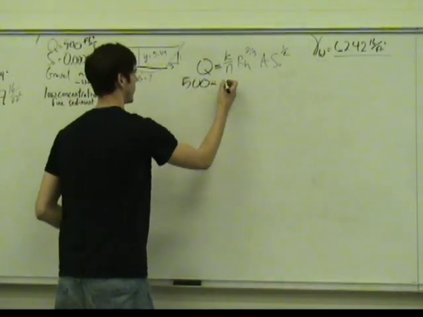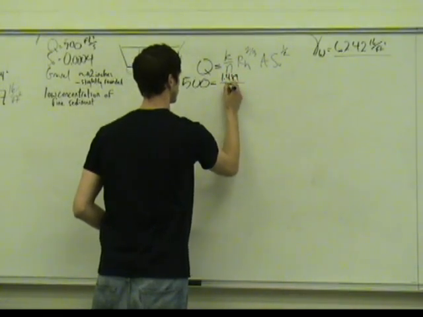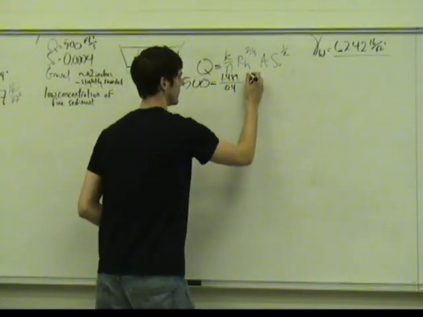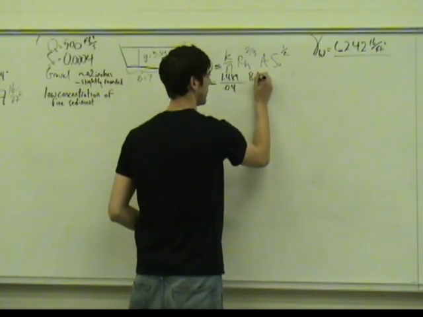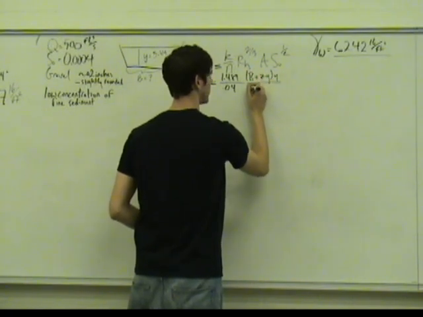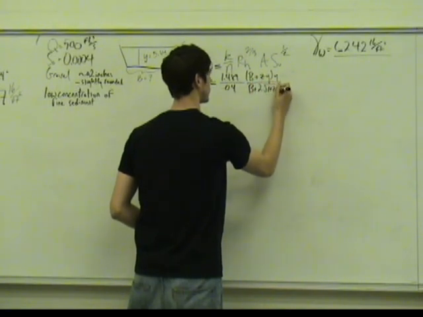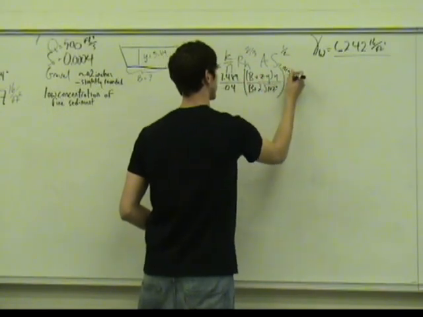So Q is equal to 500. The hydraulic radius is going to be the area divided by the perimeter, raised to the 2/3.